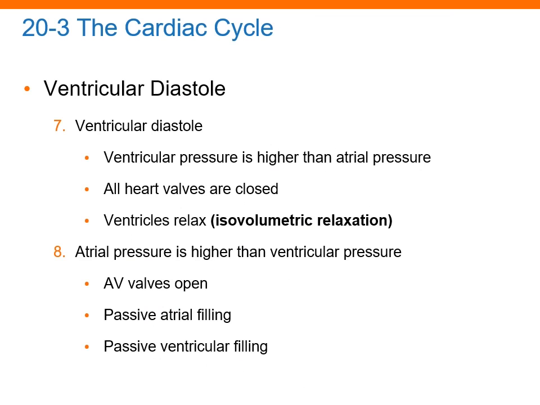So again, next is ventricular diastole. In the very beginning of ventricular diastole, the ventricular pressure is higher than atrial pressure, and all heart valves are closed. That's isovolumetric relaxation. That's only a very short period of time that the valves are closed.